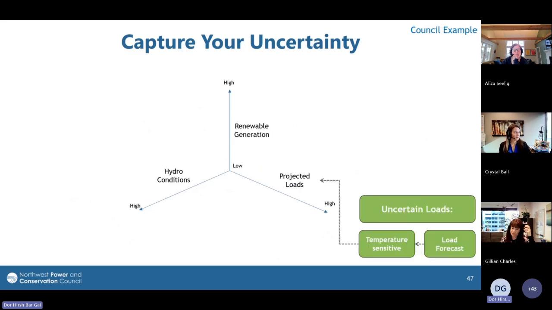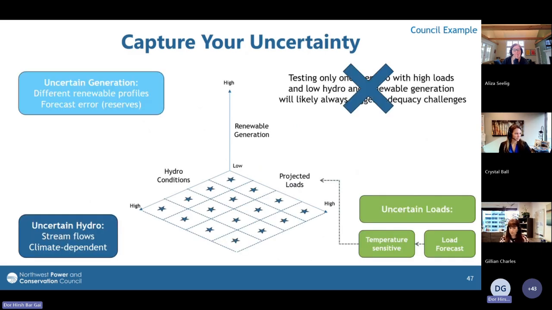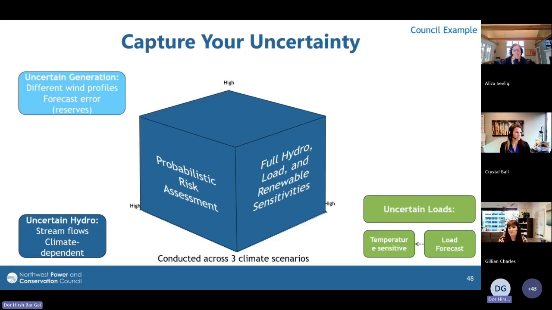I mentioned before, it's important to capture uncertainty. We're just going to dive through this. You can just see that if you test one case that will likely have shortfalls, you would think the system is always inadequate. But when you test more and more correlations, you end up testing the full spectrum of probabilistic uncertainty. This is what needs assessment and adequacy assessments are all about from a Monte Carlo perspective. It's the probabilistic approach.